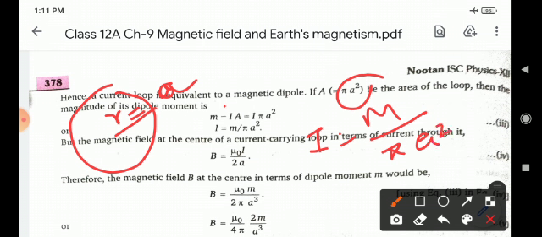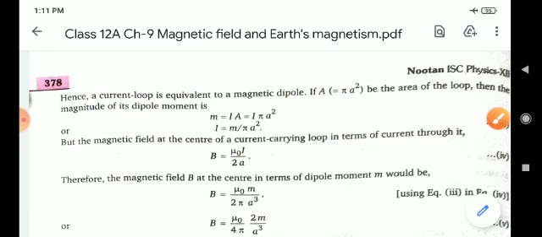Equation number 3. But the magnetic field at the center of the current carrying loop, in terms of current, that is B equal to mu 0 I upon 2a, where mu 0 is the permeability of free space, I is the current, 2 is the constant value, and a is the radius.